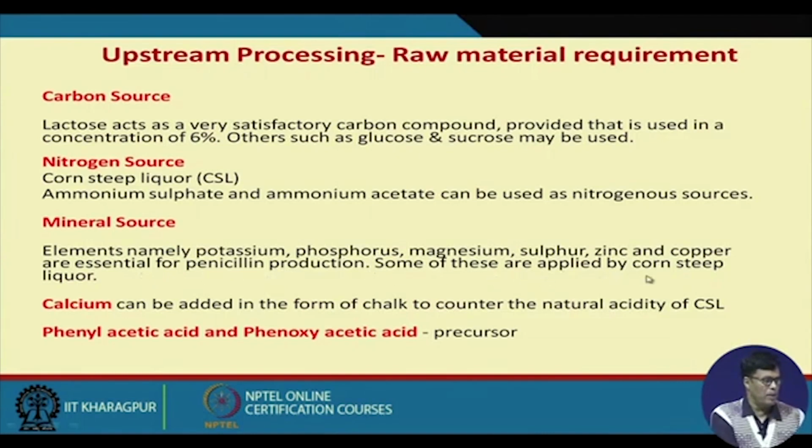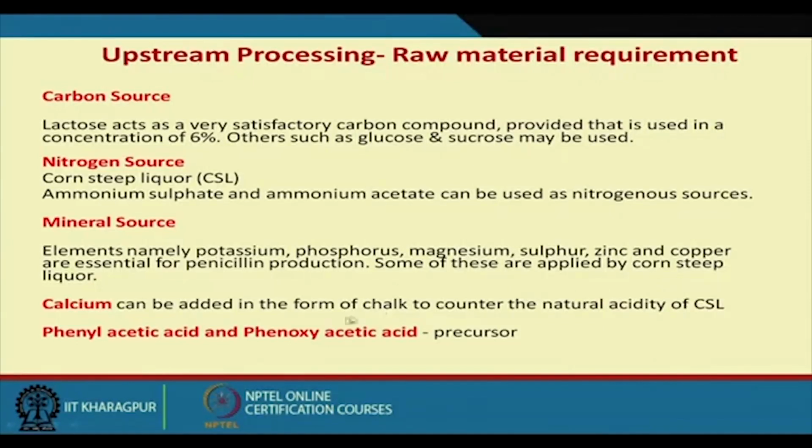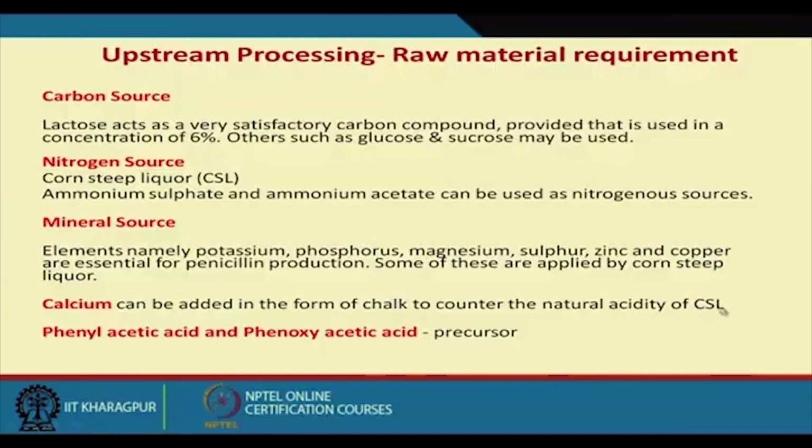Some of these are supplied by the corn liquor, because corn liquor comprises different types of material: not only does it contain a nitrogen source, it also contains some minerals and some vitamins. So it comprises a lot of things. Calcium can be added in the form of chalk to counter the natural acidity of corn liquor. Corn liquor has an acidic pH, so we use calcium ion just to neutralize that.